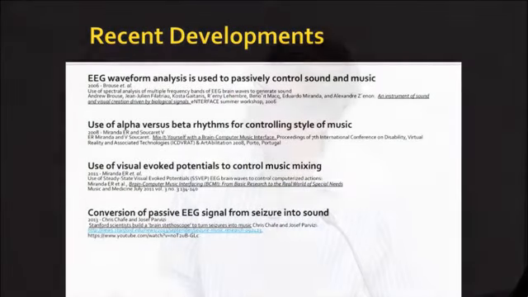And people have continued to try to make music and sound from EEG. A big proponent of this, who's done a lot of work, is a composer at the University of Plymouth in the UK, Eduardo Miranda, who's on most of these papers.